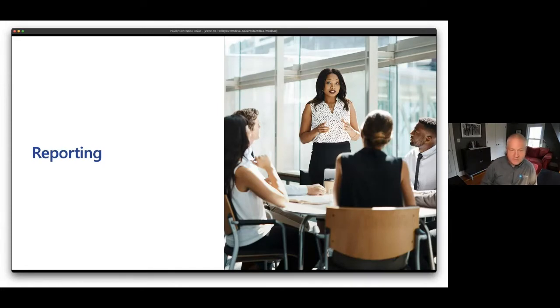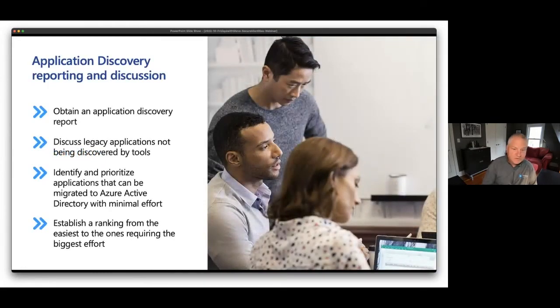Then we move into the reporting phase, really get that discovery report: hey, what's on here, what's missing, what can we move? And then I think this is the key piece, right? Oftentimes customers are overwhelmed by the number of tasks at hand. I'm still old school enough, I write tasks down and then I say, well, what's the most important?